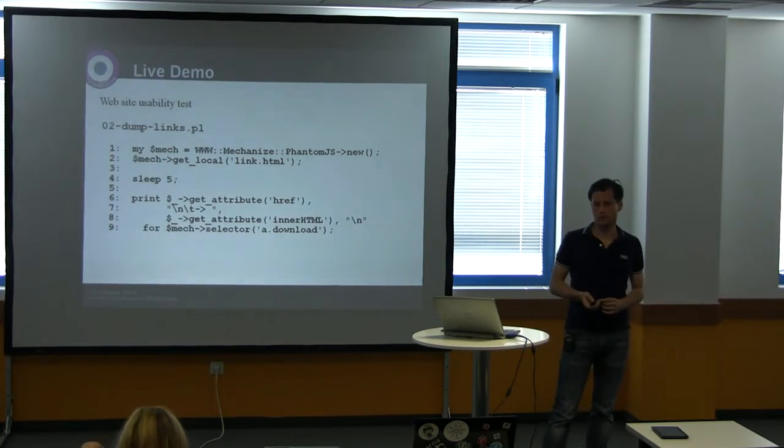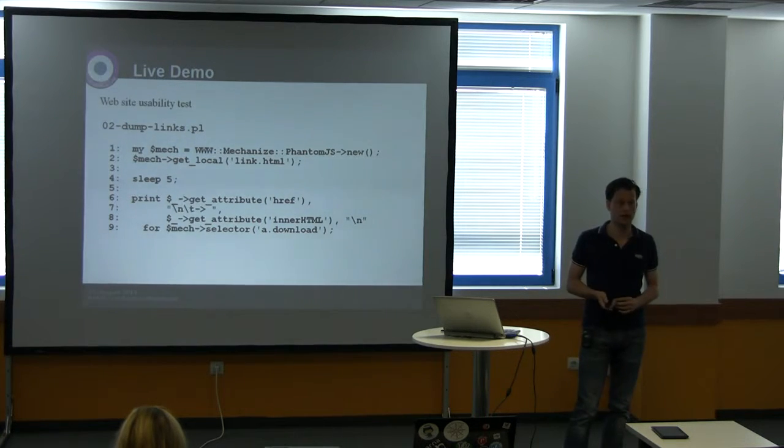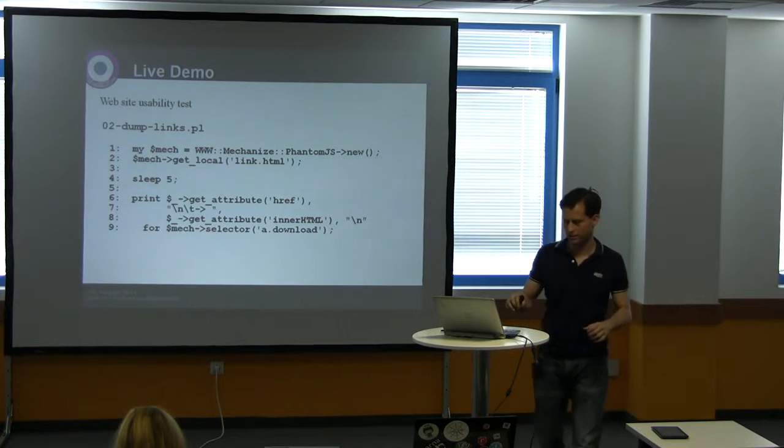For example, you can also do easy extraction of some elements by using the selector method in line 9. In this example, I open another local file and then extract all the links that have a .download class and print their inner HTML, which is just some example text.